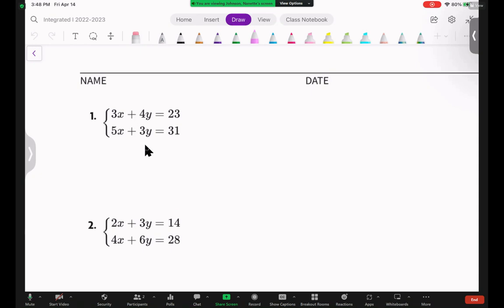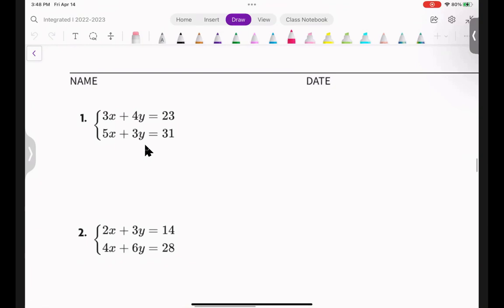So what number does 4 and 3 go into? And some of you would be like, oh, 12. So that means over here, I'm going to have 12y and 12y. And so now if I subtract those, I would eliminate those and then I would be happy, right? Okay. So then I need to think, okay, well, what am I going to multiply 4y by to get 12y? What am I multiplying 4 by to get 12?